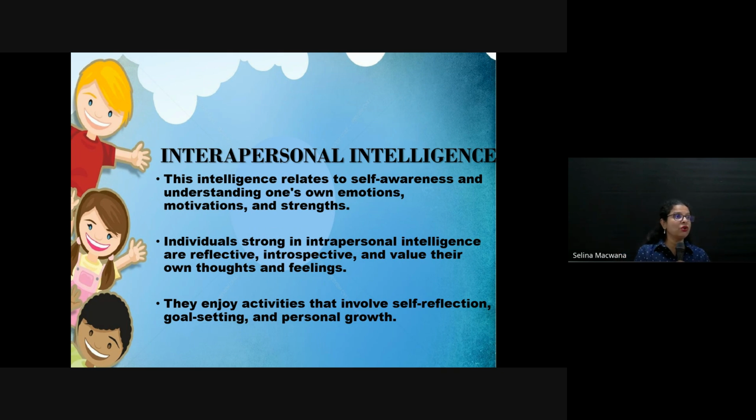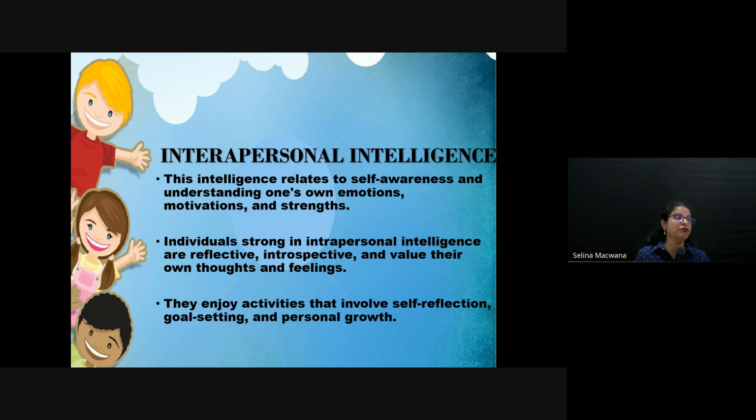But with this kind of intelligence, they are more introspective, more reflective. They're always thinking by themselves, just self-reflecting. They're very good at self-reflection, goal setting, personal growth. They value their own thoughts and their own feelings.